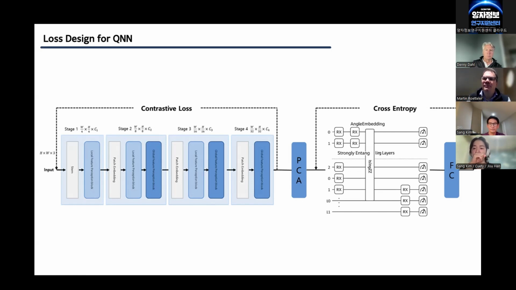And we compared this label and the original label with cross entropy, and we train the quantum circuit, and the contrastive loss trains the baseline model. So actually, it is not end-to-end training. It is separate training. Yeah, I understand.